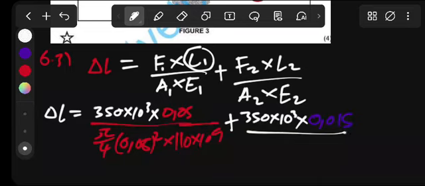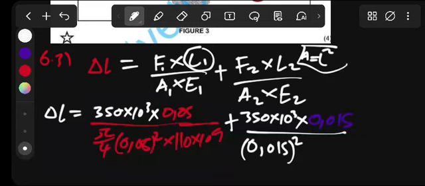Remember, the area of the square, of the cube, is simply the length squared.